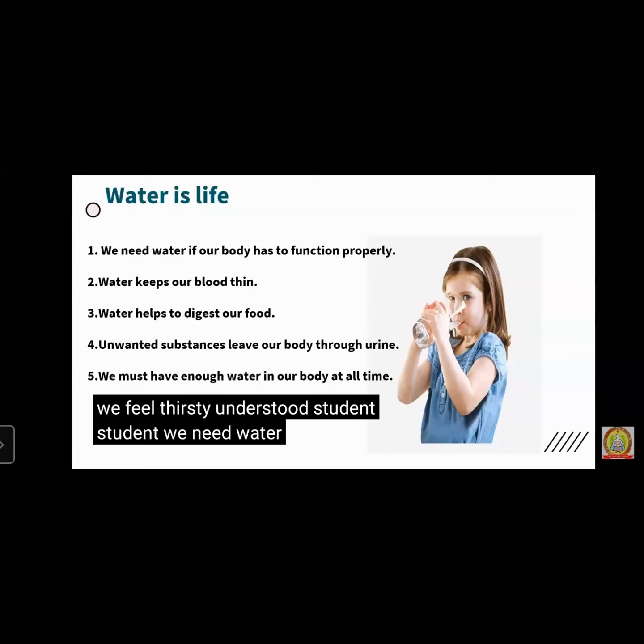So the percentage of water should be proper in your body at all times. So children, to level up the water, you should keep on drinking water from time to time, right? So when you are sitting in your class also, children, keep your water bottle and drink water after some time.